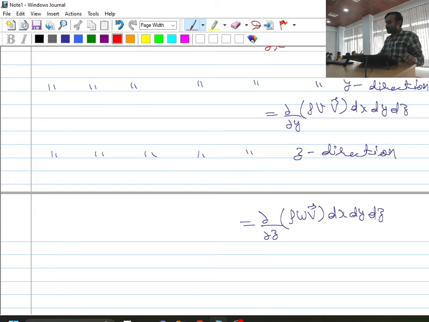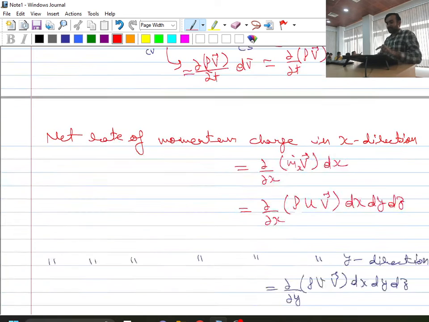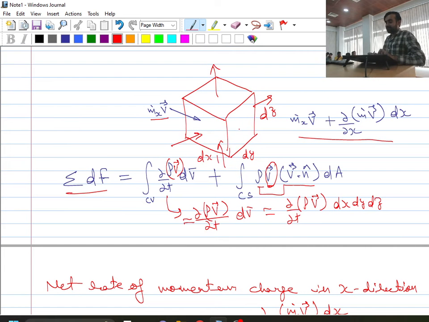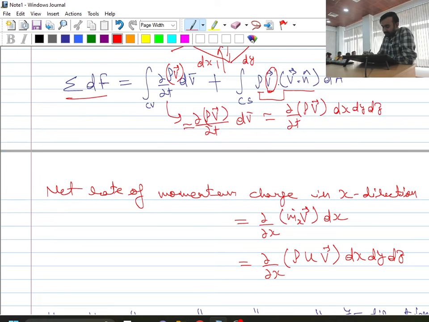This element has 3 directions, so 6 faces, and we have covered all 6 faces. So my second term, the integral over the control surface, is now resolved.